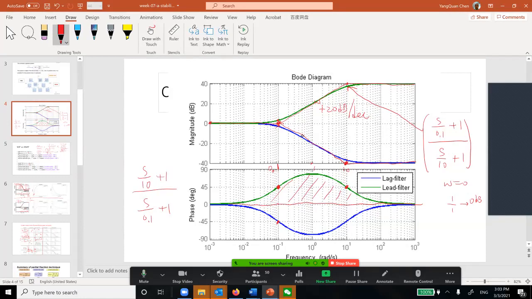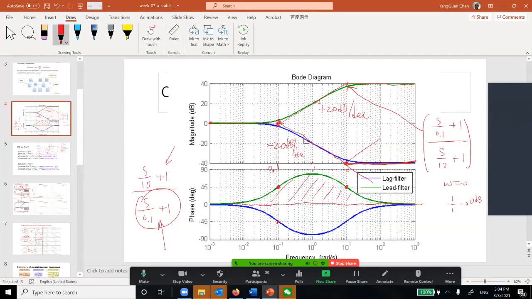Again, this line will be minus 20 dB per decade. The reason is I'm going to meet this guy first, 0.1. So I go down with minus 20 dB. But when omega is 10, I start to have a numerator kick in. So they cancel out the motion, it becomes a constant, okay? Because you go down minus 20 dB, then you keep going, then you have this one, then you have this one. So you cancel out, you go in the middle, right?